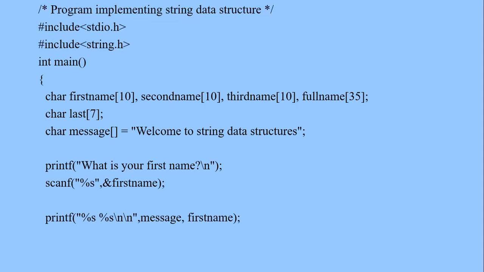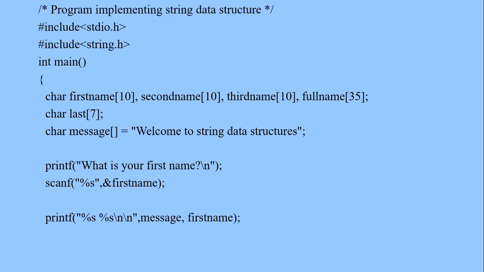And then we display what has been stored in the memory location called first name together with what is stored in the memory location called message. Both are of type string. Therefore, what this statement will display on the screen is welcome to string data structures, so and so.